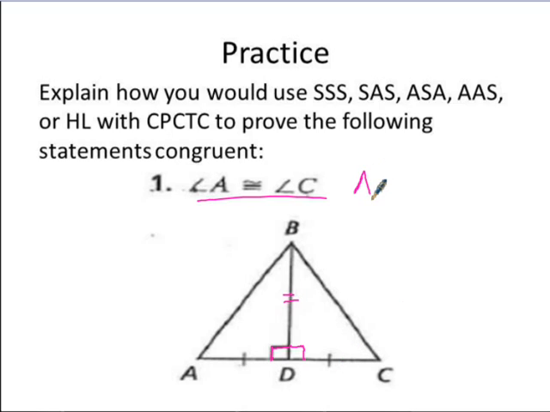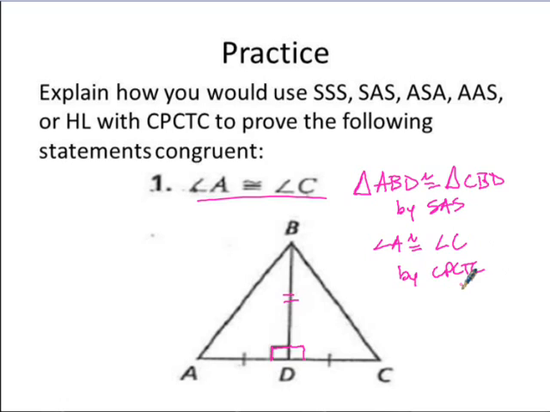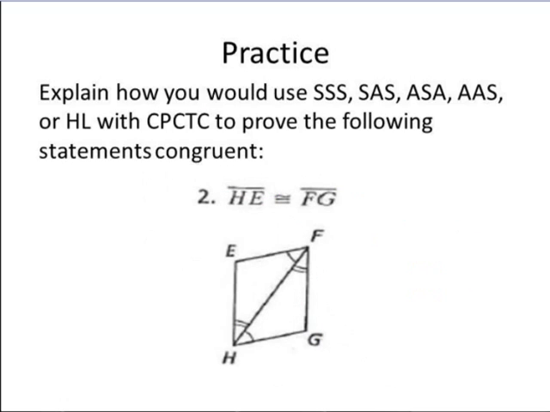So now I know that triangle ABD is congruent to triangle CBD by side angle side. Because of that, I can say angle A is congruent to angle C by CPCTC. Really simple stuff.